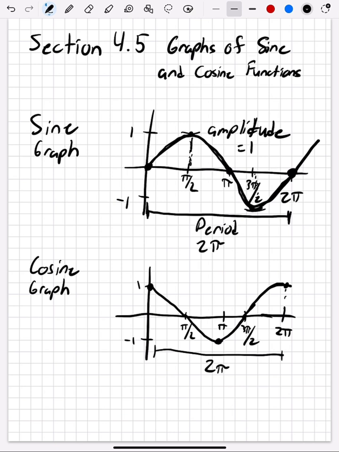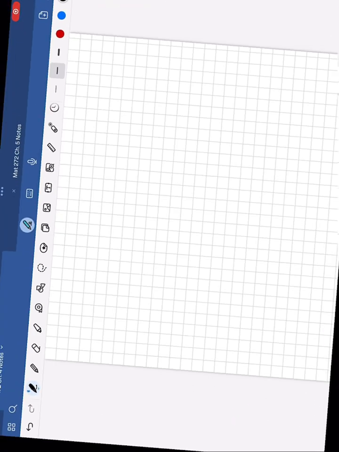The height of the wave is 1, so we have an amplitude of 1. So these are our basic sine and cosine functions and graphs. Then we can do things to alter them.